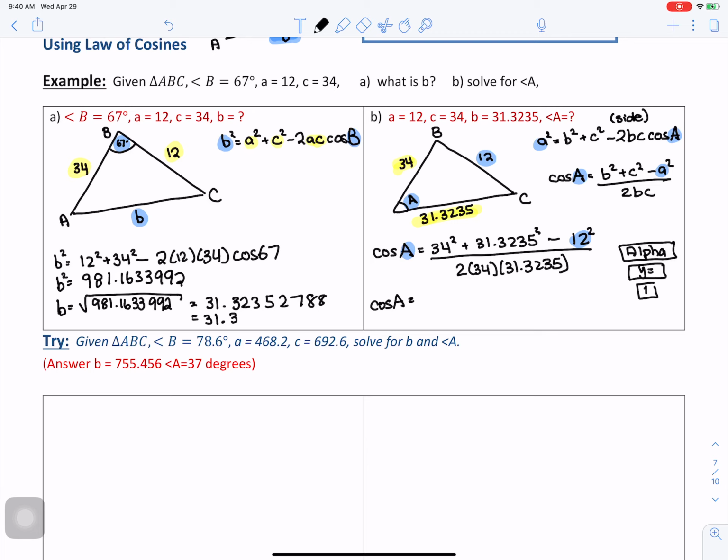So when I put this into my calculator, I get that cosine A is 0.93575752229. So A is equal to cosine inverse of that number.